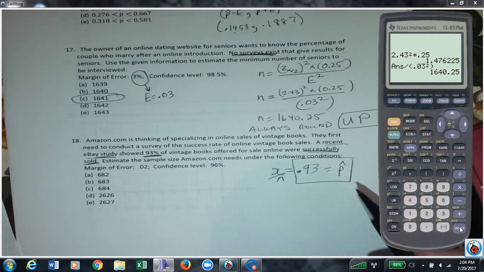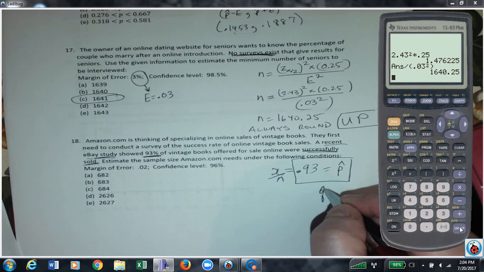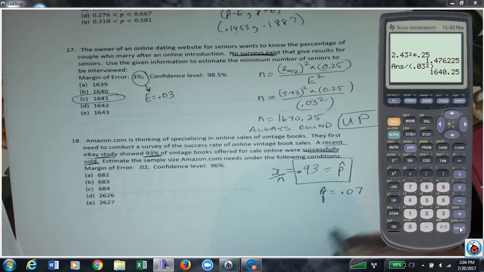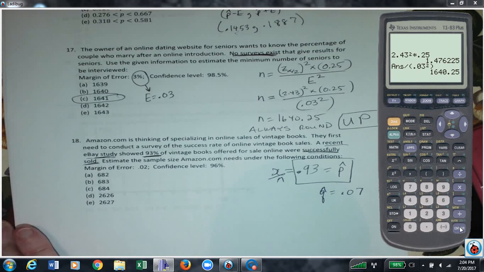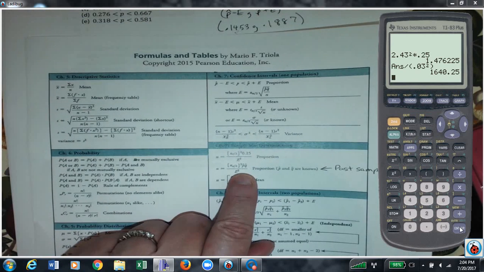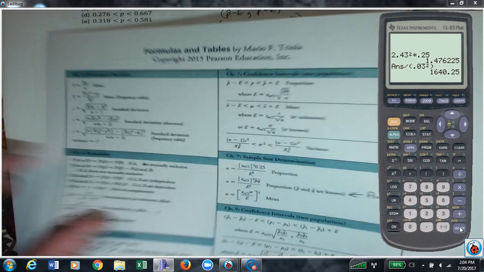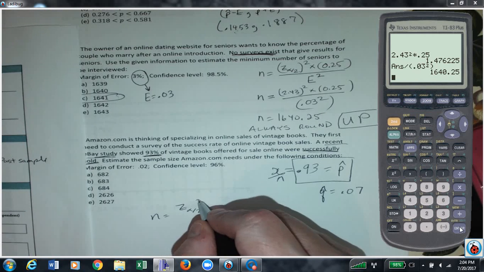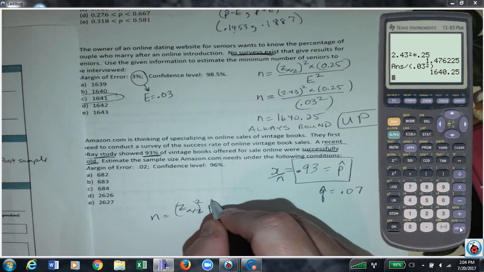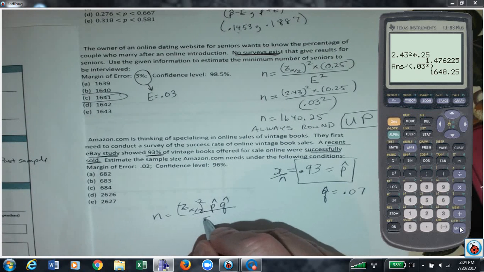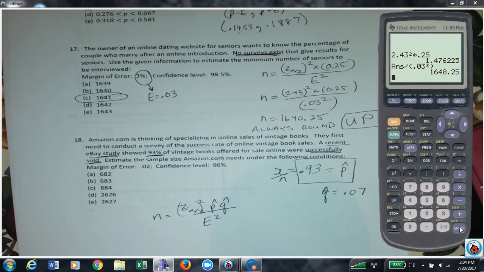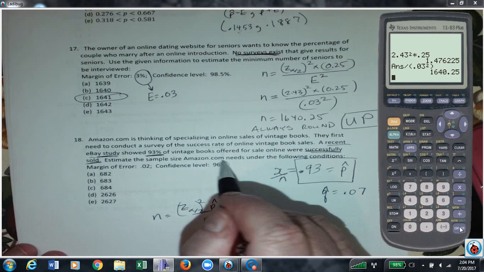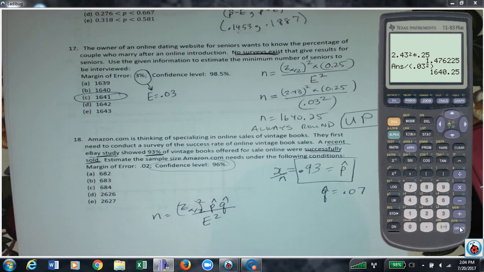So I've got that. Now, if p hat is 0.93, 93%, then q hat is going to be 7%, which is 0.07. And the formula I need to use is this guy. So n is equal to the critical value squared times p hat times q hat all over the margin of error squared. Our confidence level is 96%.